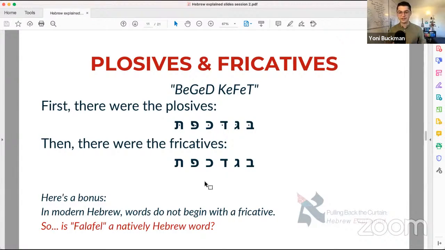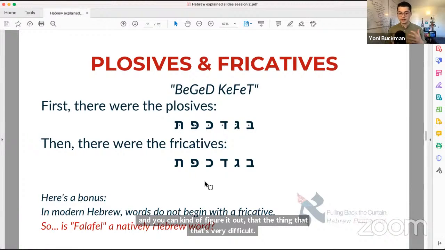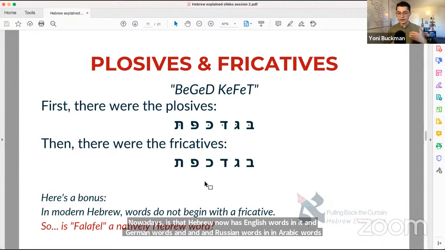So yes, you do have a lot of words that don't work, and we're going to talk in a bit about roots, these 3-letter roots, which is the foundational essence of a Hebrew word. When you bring in a word like banana, it doesn't have a Hebrew root to it, right?